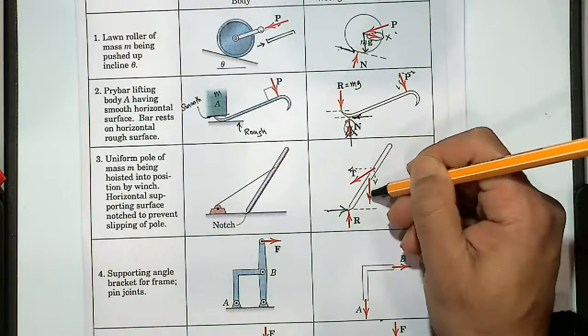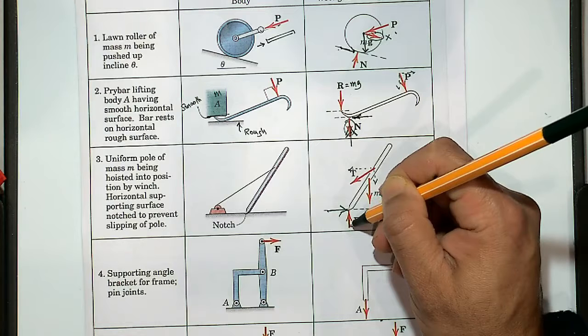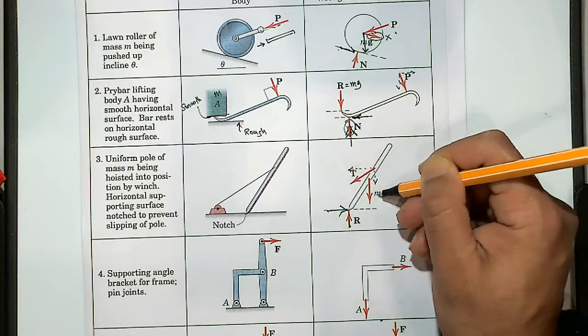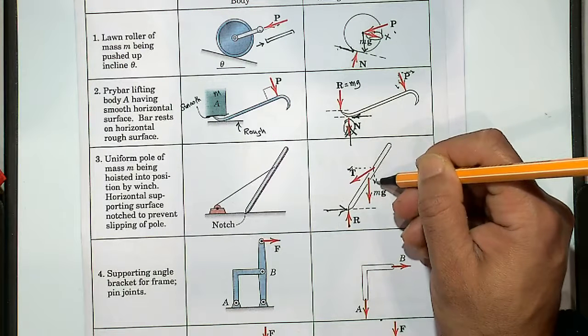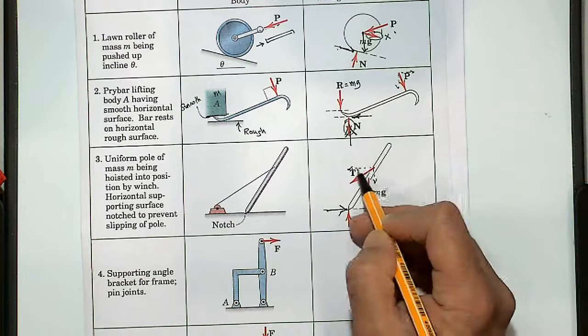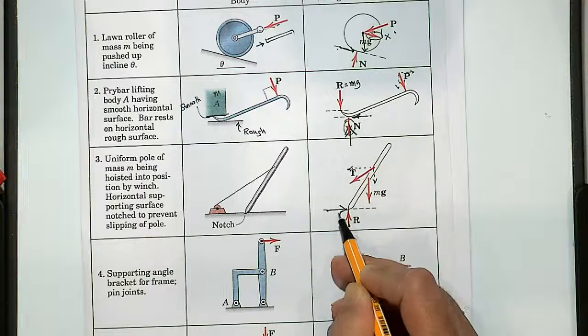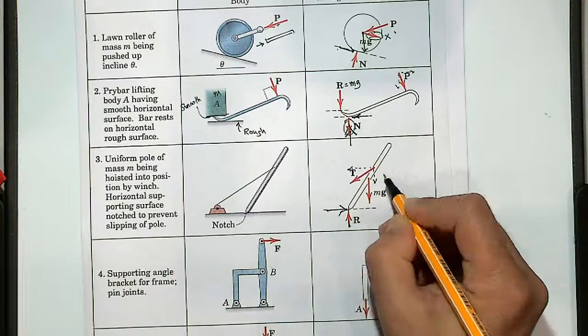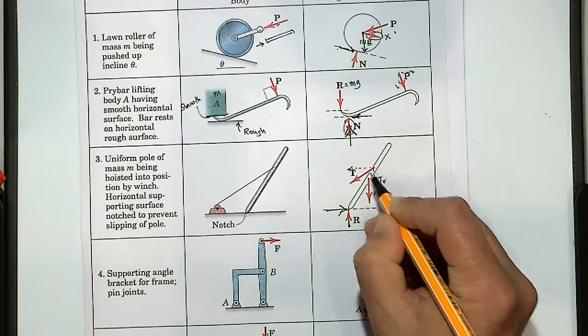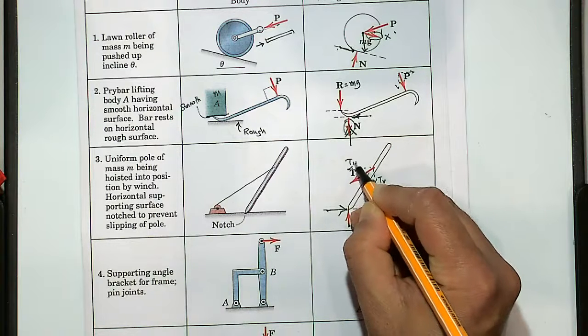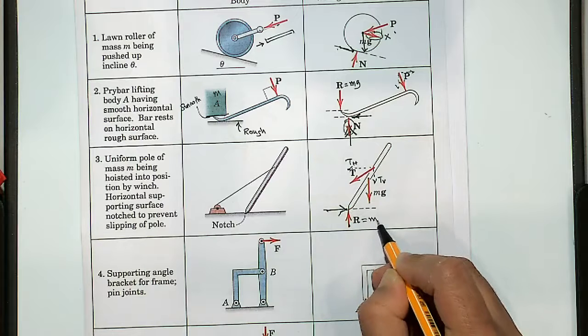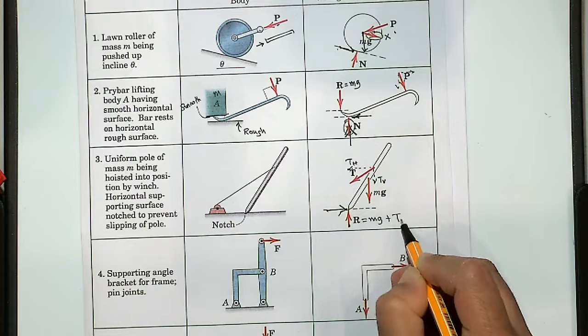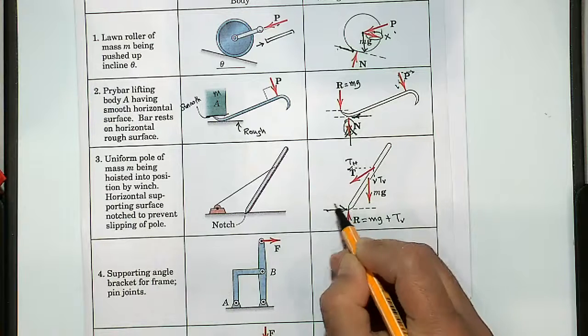So the vertical bit could be registered by this part of R. So R could be made up of this mg plus this vertical component. Now this must be balanced by here. So if you say this is TV and this is TH horizontal, then R is mg plus T vertical and this is T horizontal.